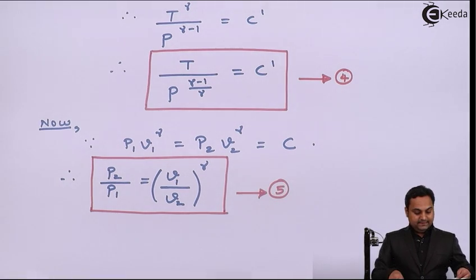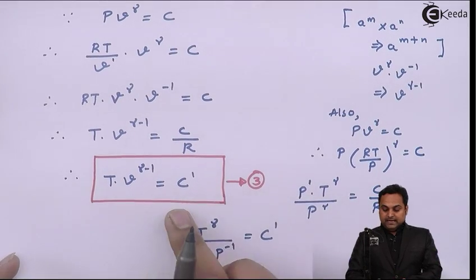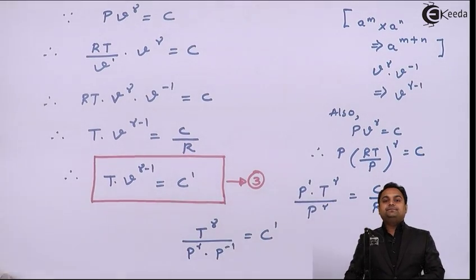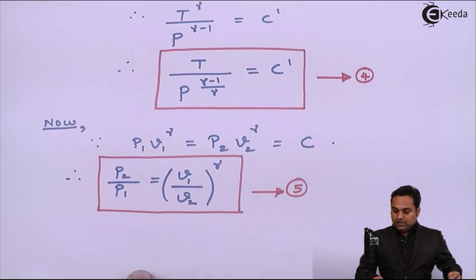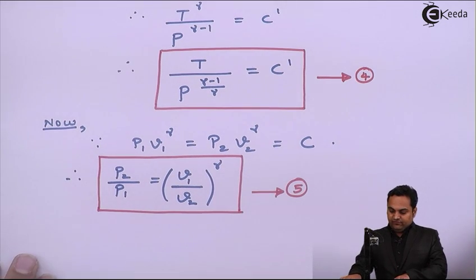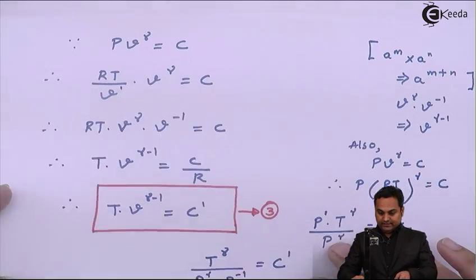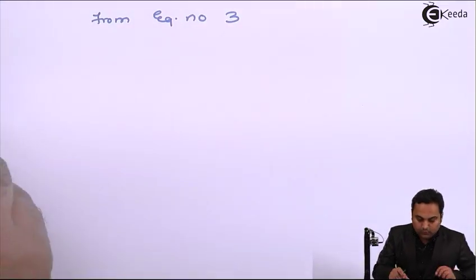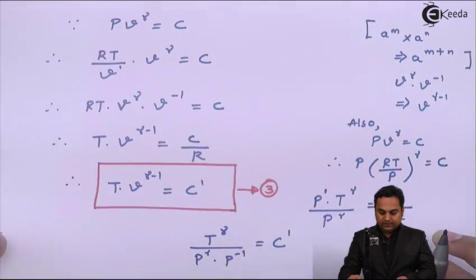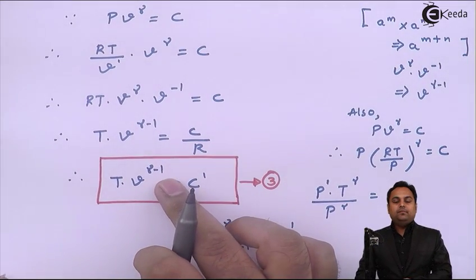Next, after reaching equation number 5, I'll be using equation number 3. From equation number 3 we have T into V raised to gamma minus 1.